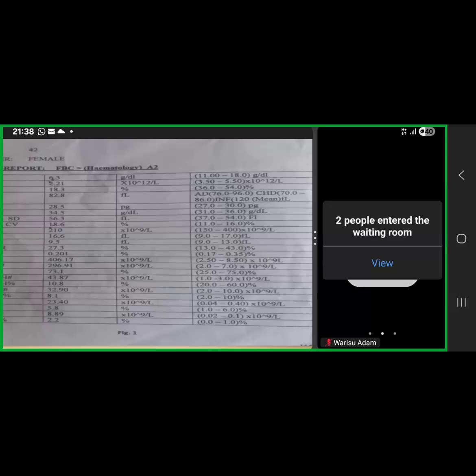And then you begin to see the different cell lines. And if indeed you see what is described as a whole spectrum of myeloid cell series, then you're looking at a CML. Monocytosis is likely, because on the full blood count you may not even see monocytes on peripheral blood.